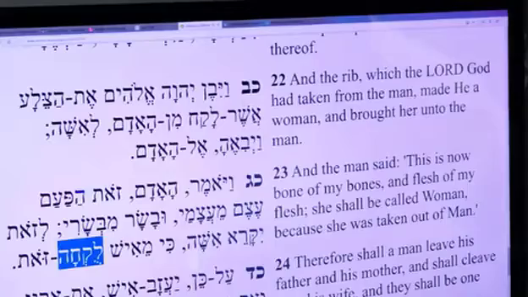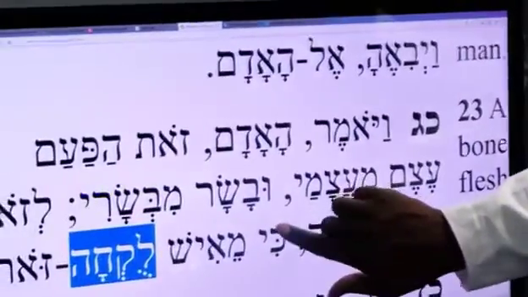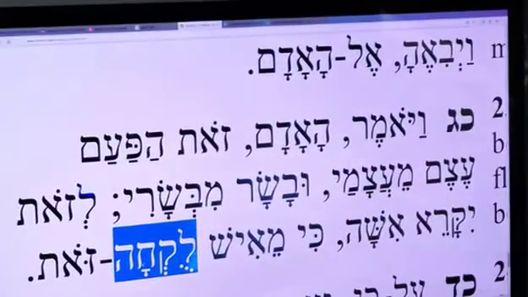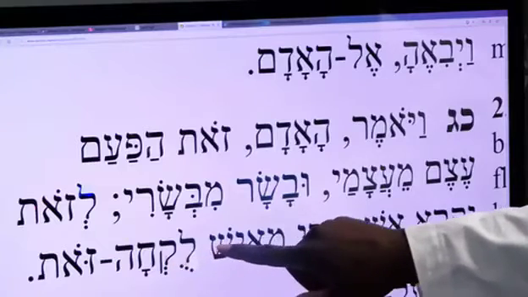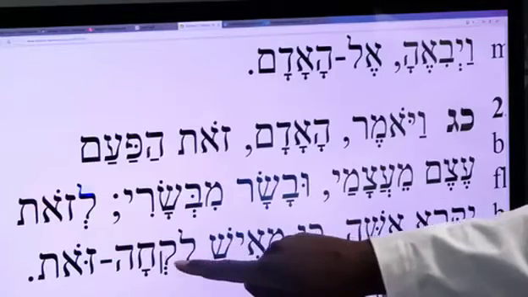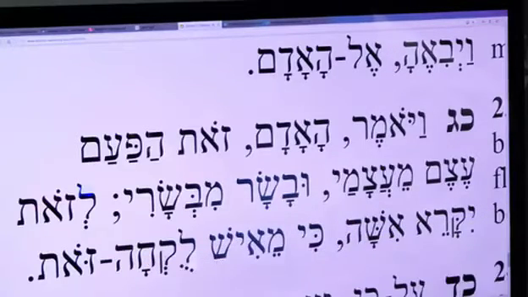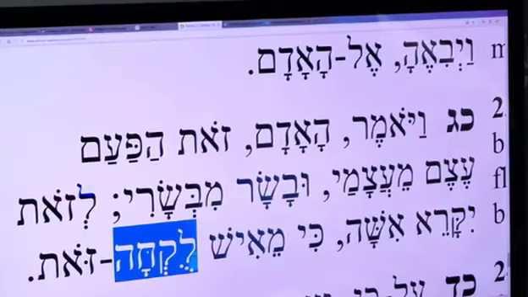The suffix ha also means her, but when it's suffixed to this verb laquak, which means to take, it's translated as she was taken. So it's explaining Eve, her creation.